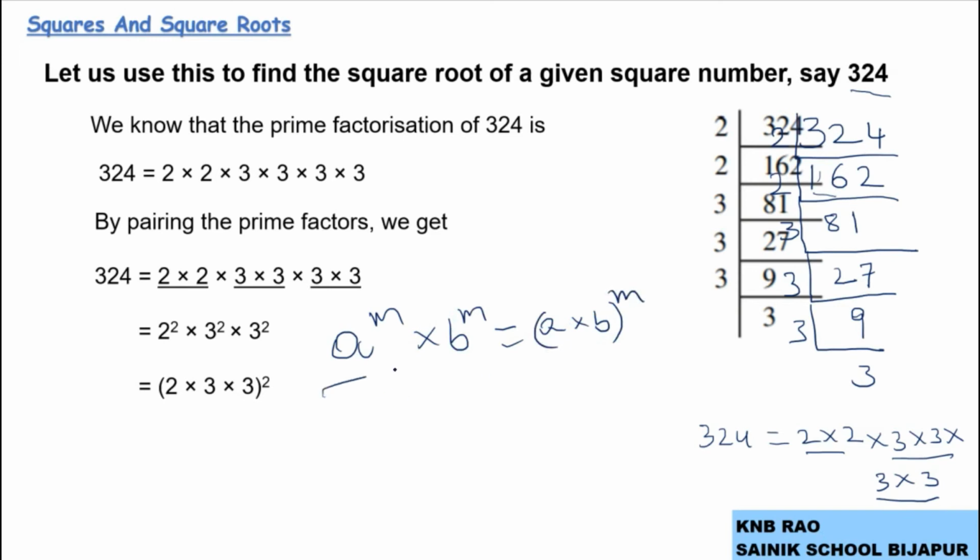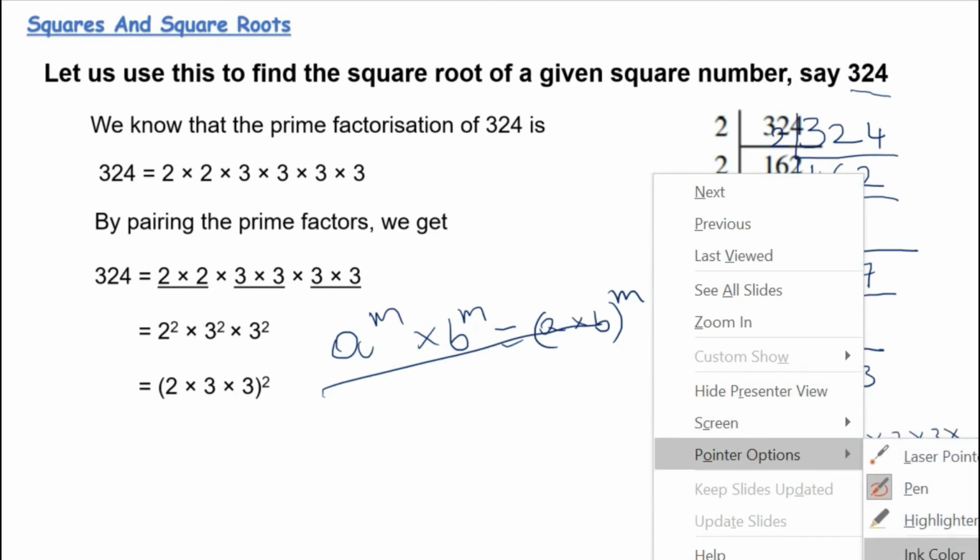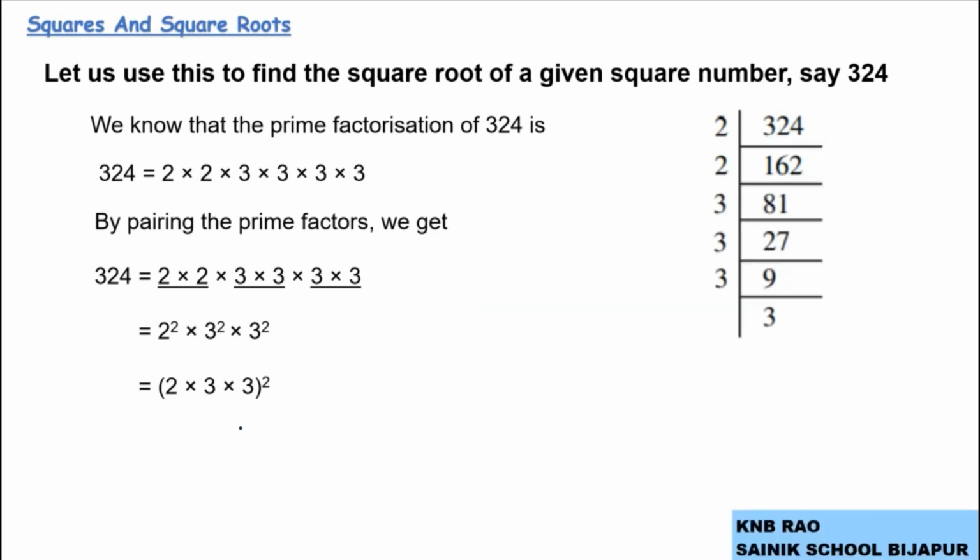So the same procedure is adopted here. So I am taking away all these writing parts. Now here next, how to find the square root of 324. To find the square root of 324, from each pair we get one prime number.